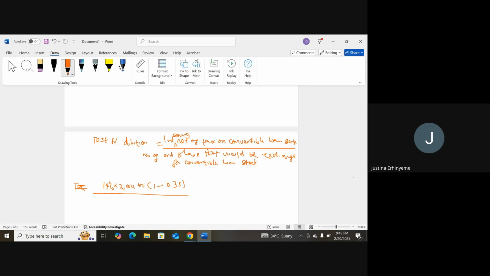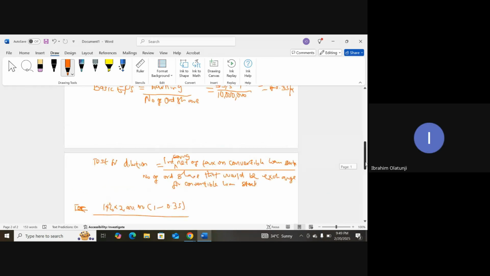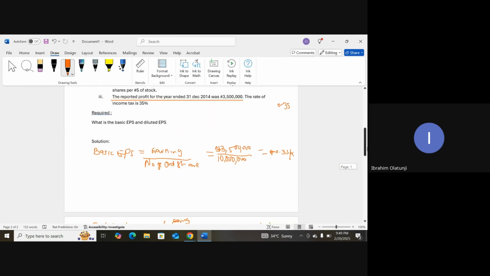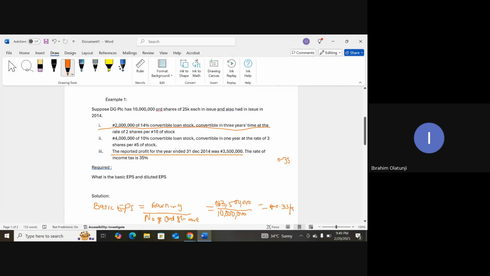So divided by the number of ordinary shares that will be a change for convertible loan stock. If you read it very well, you are told that 2 million naira of 14% convertible loan stock, convertible in 3 years' time at the rate of 2 shares per 10 naira of loan stock.